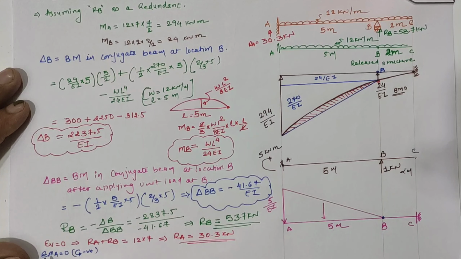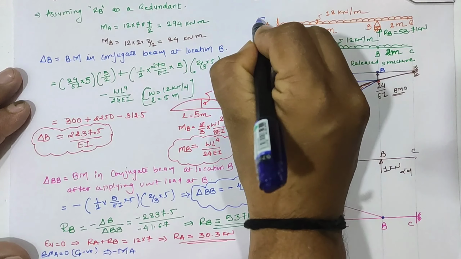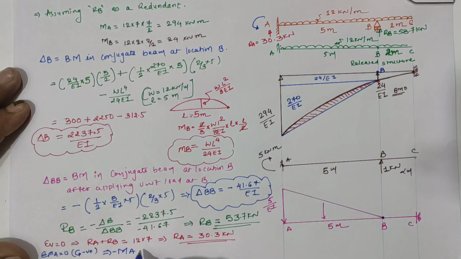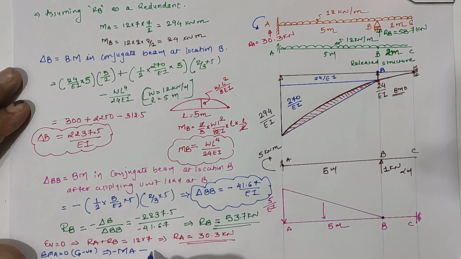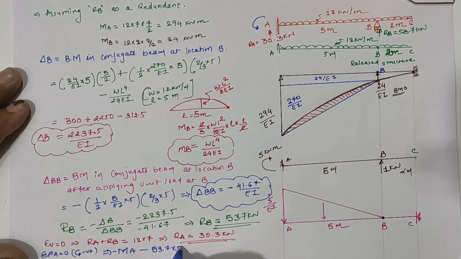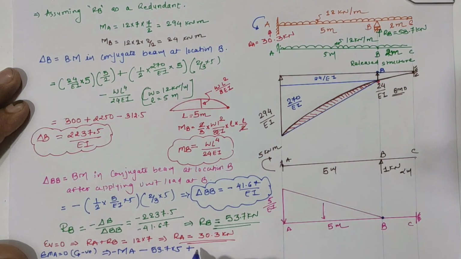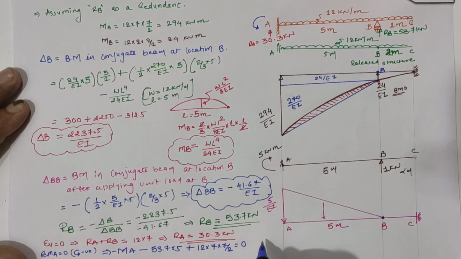If we take moment at A equal to 0 and anticlockwise moment as negative, then minus MA at location A as the assumed direction, minus RB into 5 meter in anticlockwise direction, hence 53.7 into 5 as negative, plus the moment of UDL, which is total load into distance by 2, must be equal to 0.